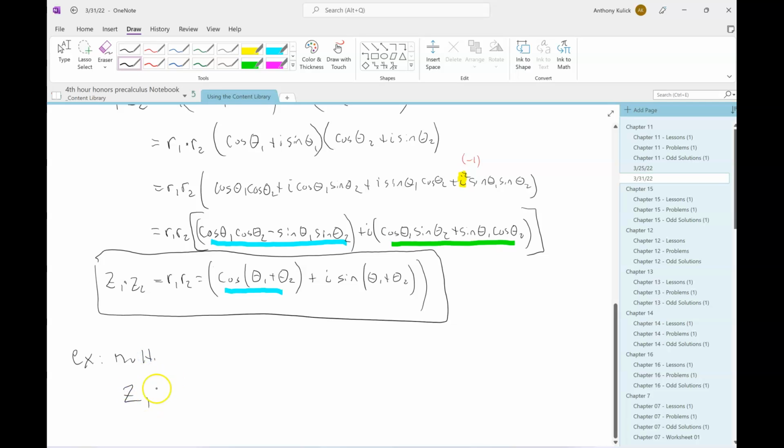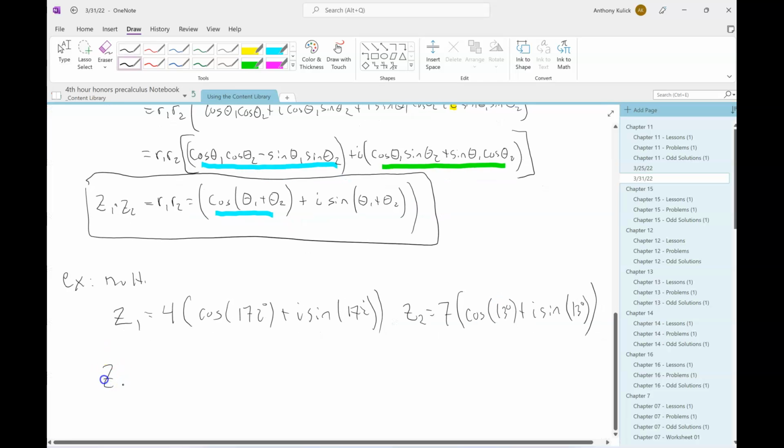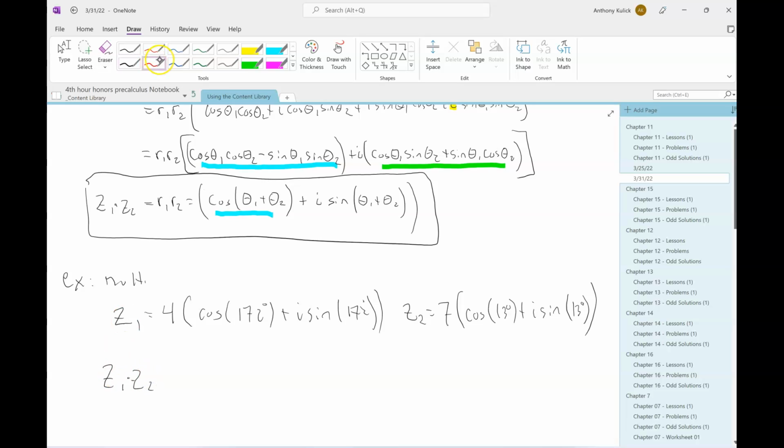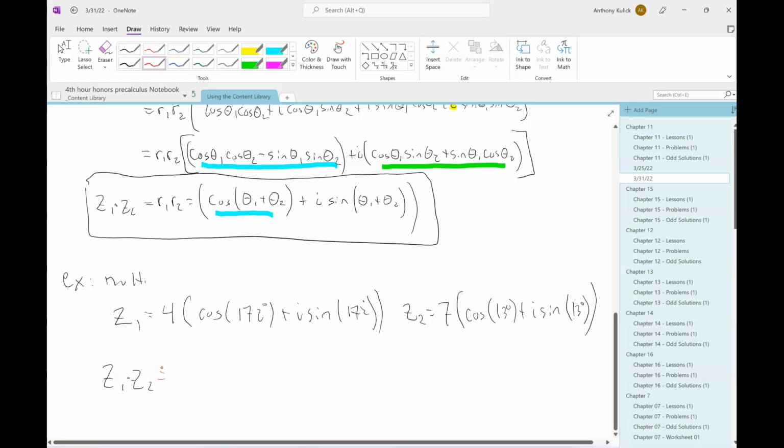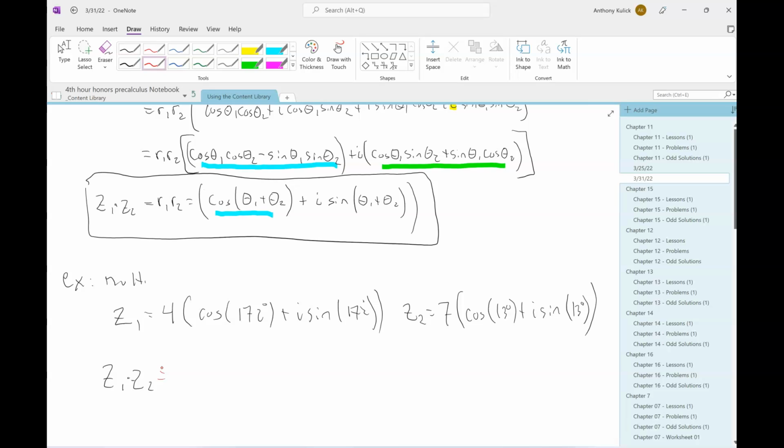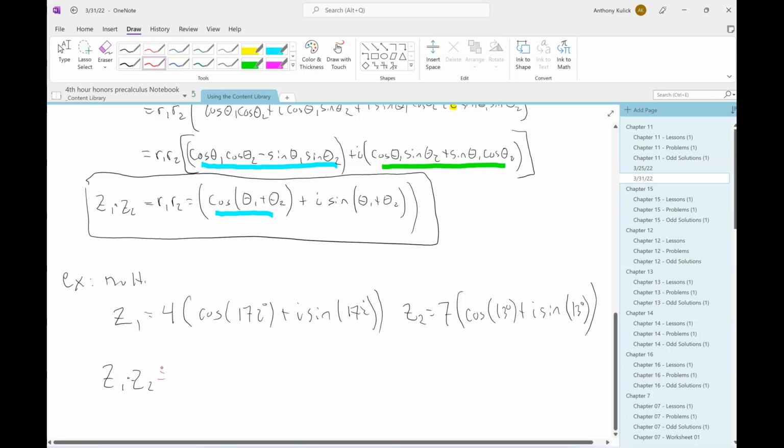So if I wanted to do this as a multiplication problem, let's say I have the two complex numbers, 4 times cosine 172 plus i sine 172, and the second one, 7 times cosine 13 plus i sine 13.